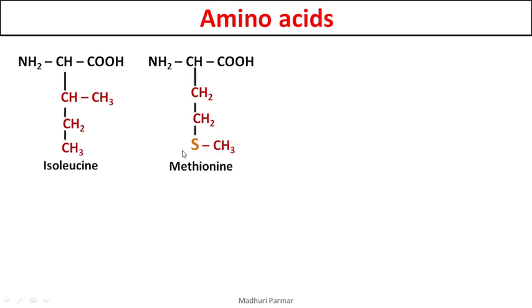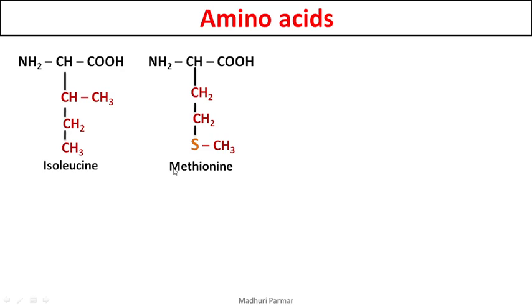See, this is why it is important: methionine has a sulfur atom. Sulfur has 2 valencies. So just remember the R group here: it will be CH2, CH2, S, CH3. There is a methyl group attached to the sulfur, and that sulfur is attached to this CH2, CH2 chain. Clear? So this is methionine.